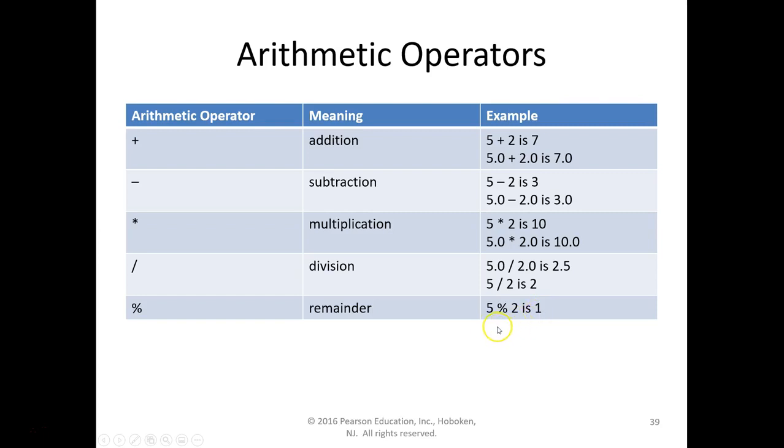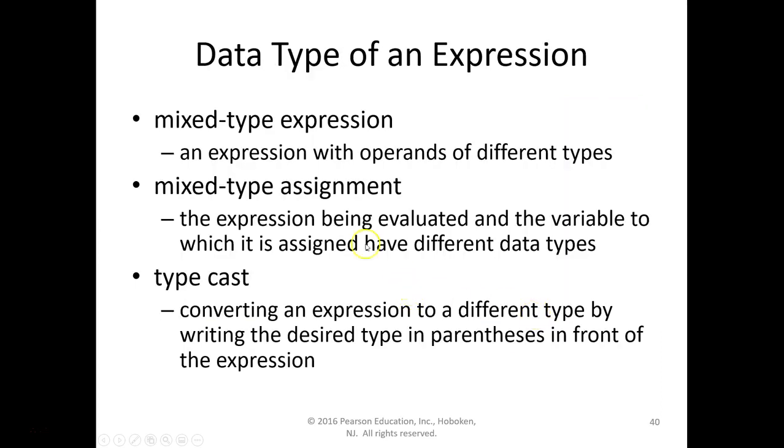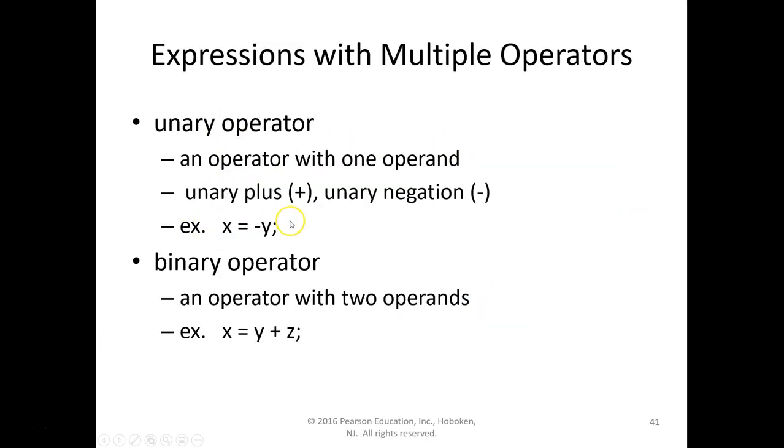Okay. So 5 divided by 2 is 2, and then what's left is 1. Okay. So you can have mixed type expression, mixed type assignment, and then you can have typecast if you want to convert an expression to a different type. Okay. If you want to convert an integer to a decimal and so on. So you can use those mixed type expressions here.